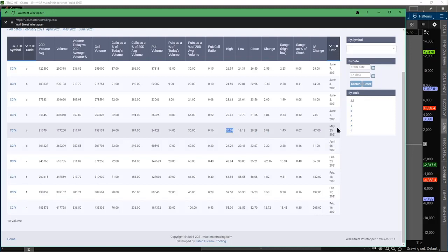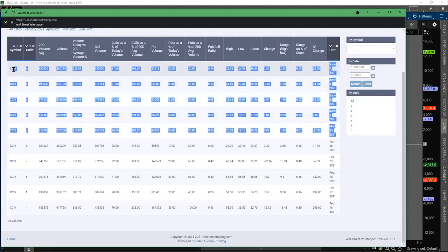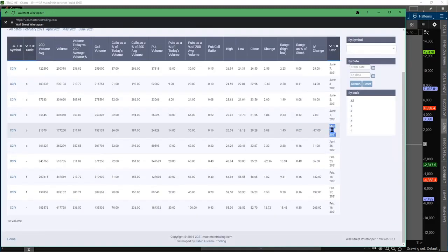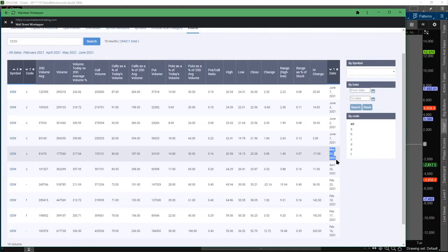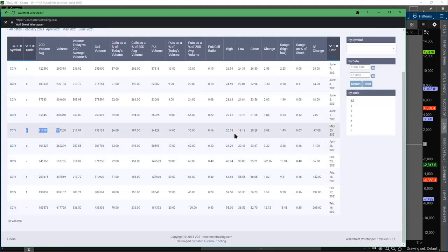But then after this data point came this cluster of information. And notice that the last data point is June 7th. Today's June 10th. Does it begin to click as to why CCIV was showing up last week, but it's not showing up this week? The move already happened.